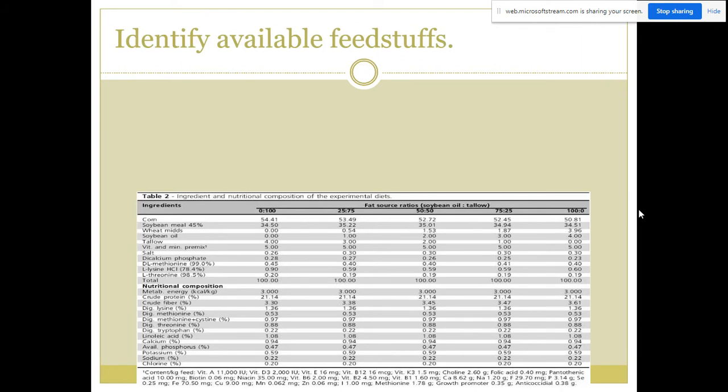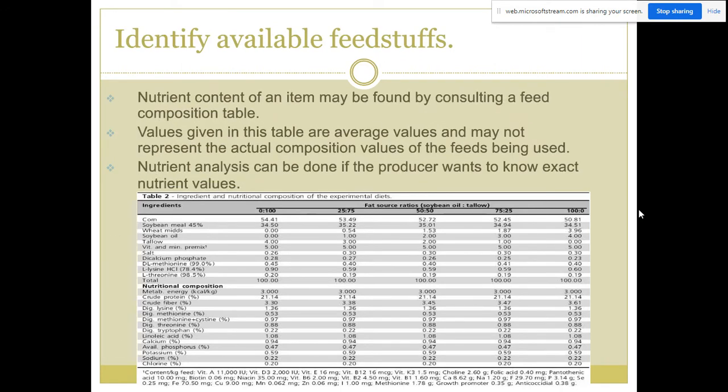Okay, identifying feedstuffs. The nutrient content of any item can be found in a composition table. I'm not going to worry too much about this composition table, guys, because it's really not for you. Values given in this table are average values and may not represent the actual composition of the feed being used. Nutrient analysis can be done if the producer wants to know exact nutrient values.